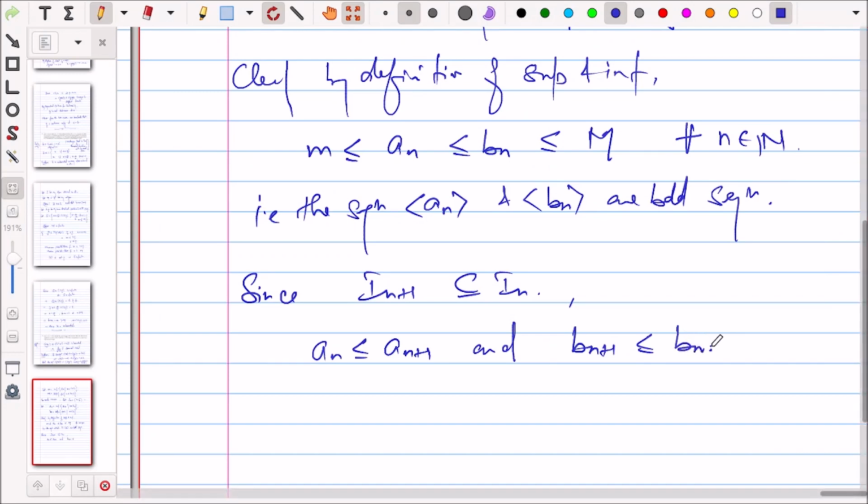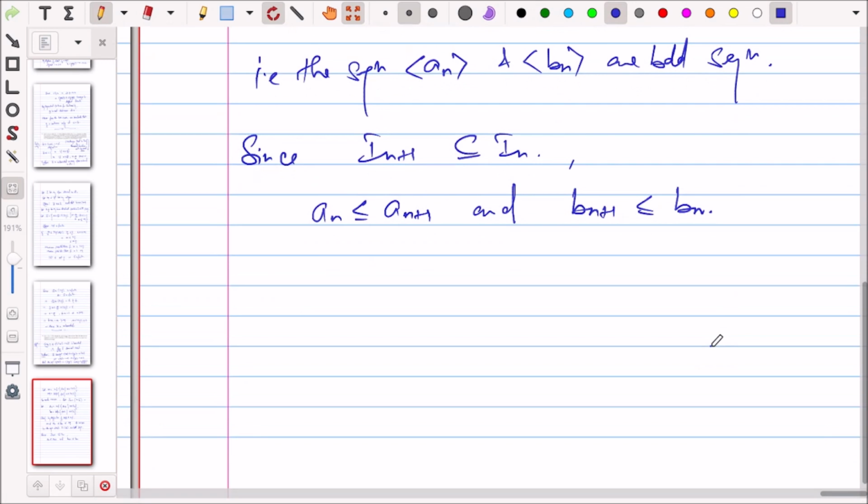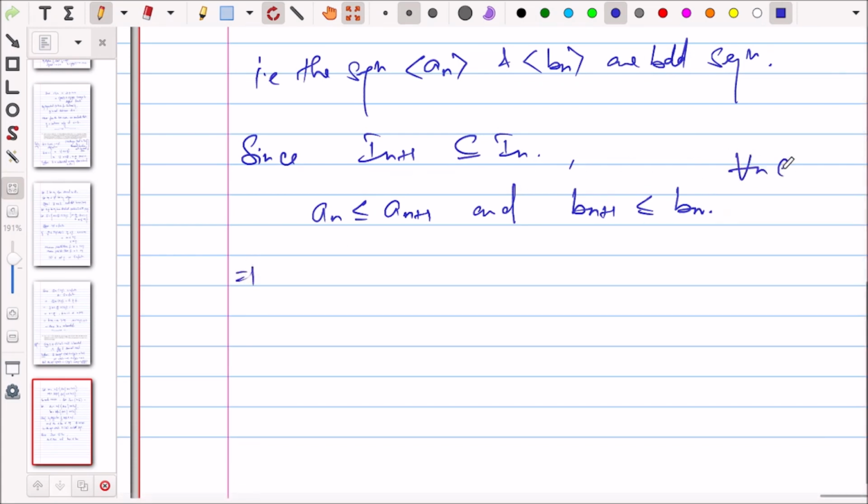The larger the set, the larger the supremum and the smaller the infimum. This is true for all n belonging to N.